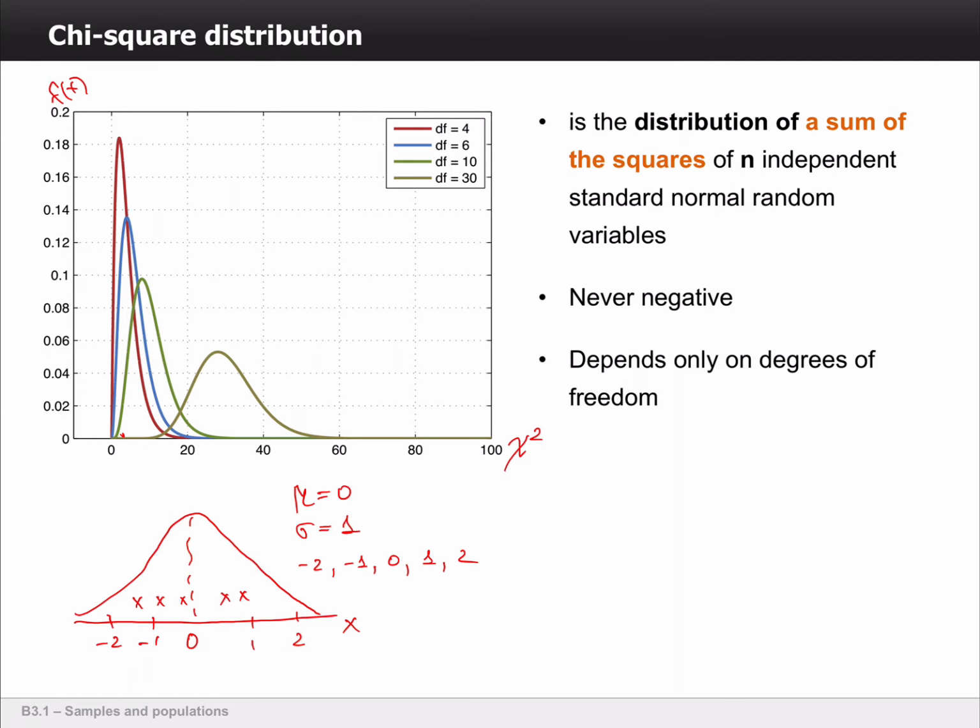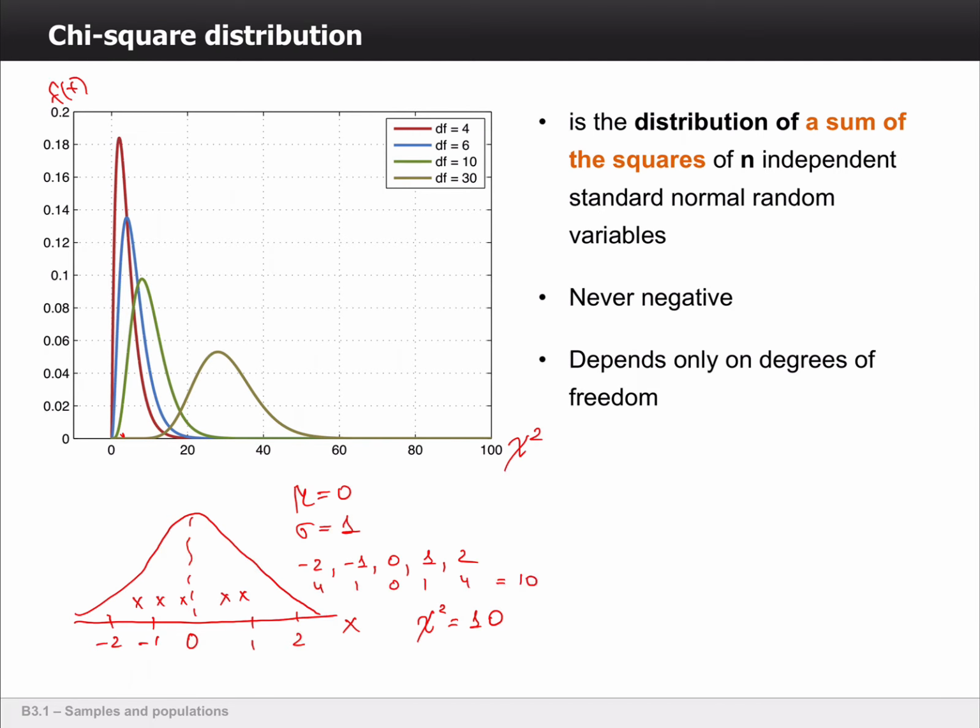These are our random values from this standardized normally distributed population. If we square the values, we have 4, 1, 0, 1, and 4, and then take the sum of the squared values, we get 10. And this is our statistic. So the statistic for this particular case is 10.